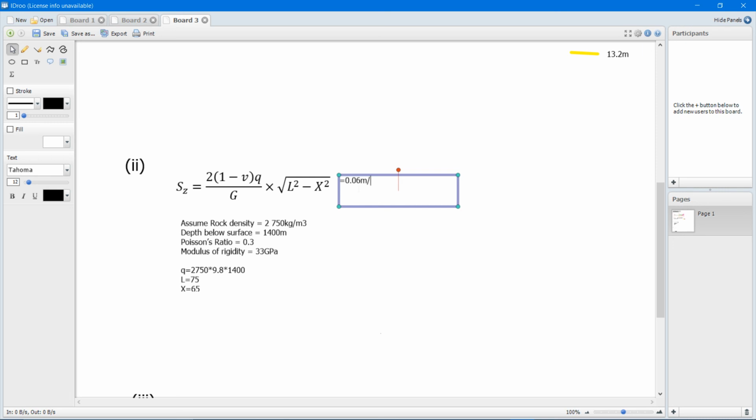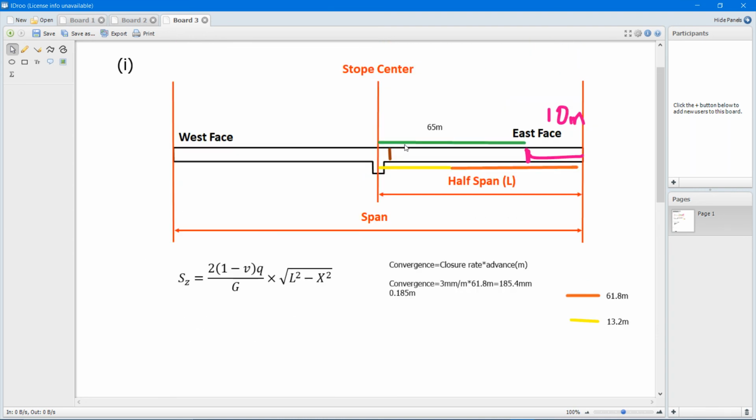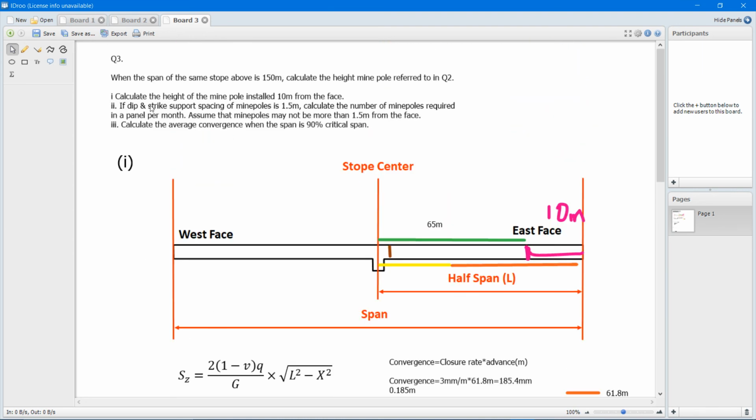Or 60 millimeters if you want to have it in millimeters. So that's how much convergence has happened with this pole being talked about within question 1 or part 1 of question 3.